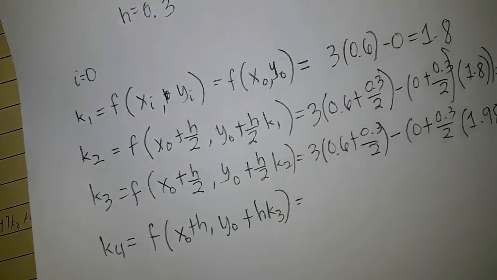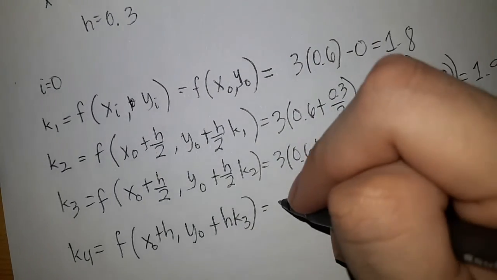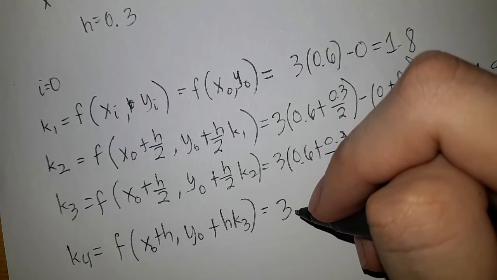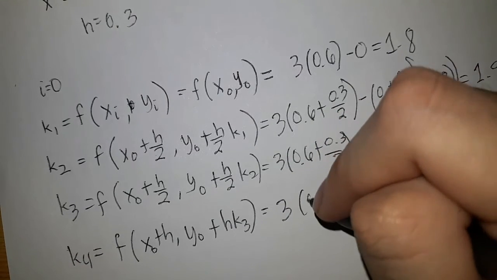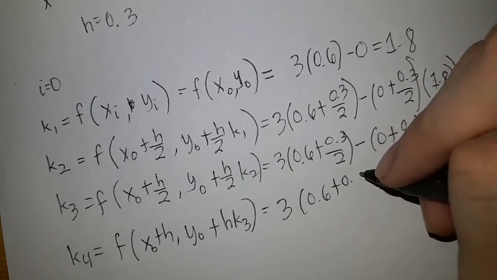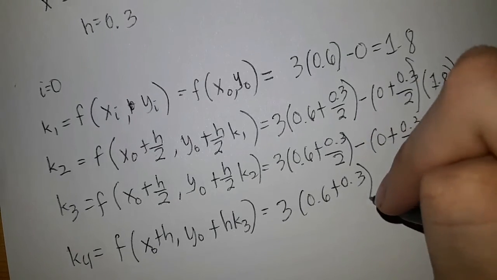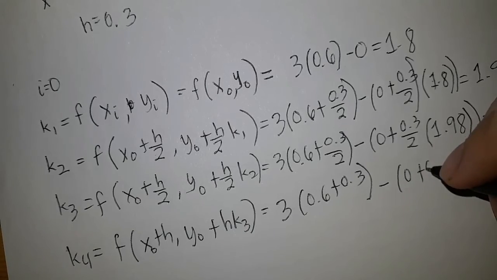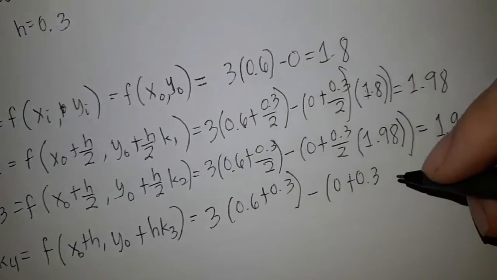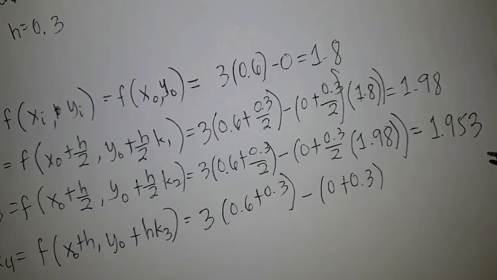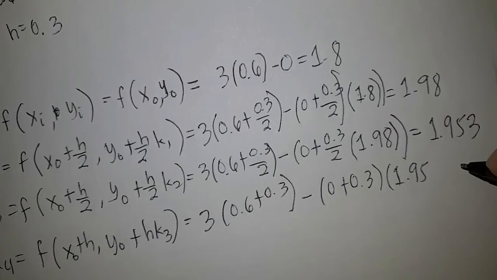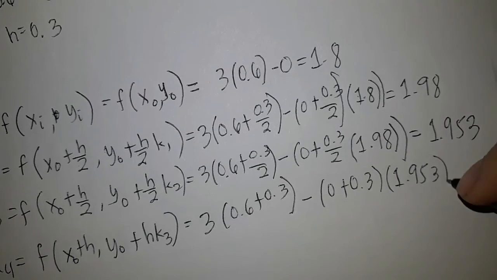So this one is equal to 3 times 0.6 plus 0.3 minus 0 plus 0.3 times the value of K3, which is 1.953.